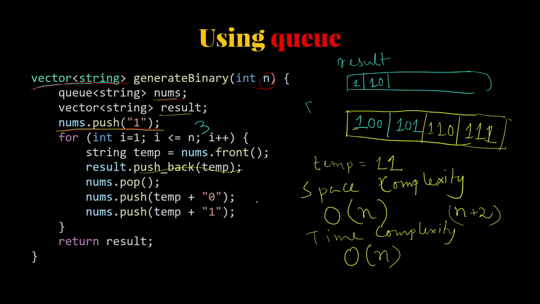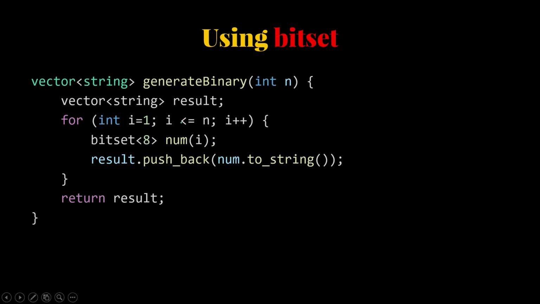In C++ we have something called bitsets. A bitset internally stores a number in binary.